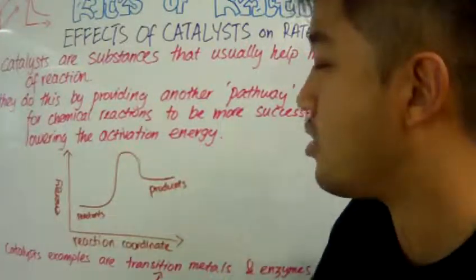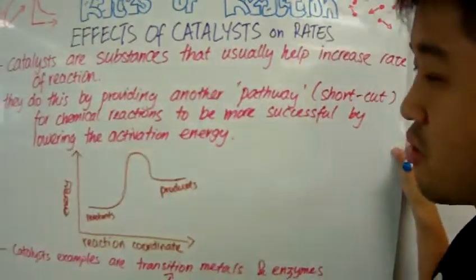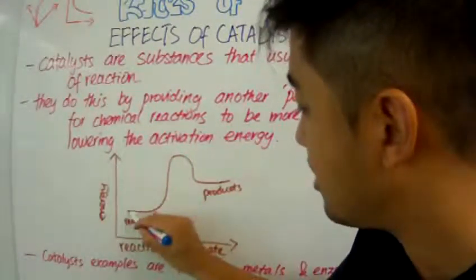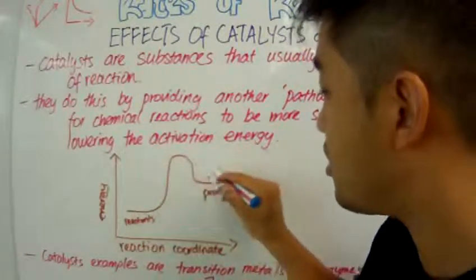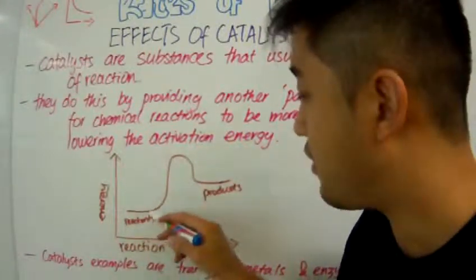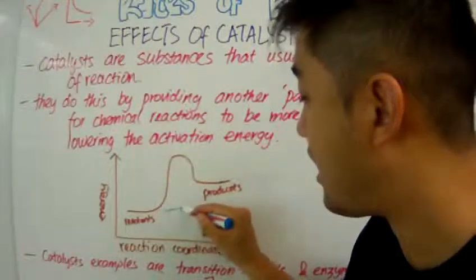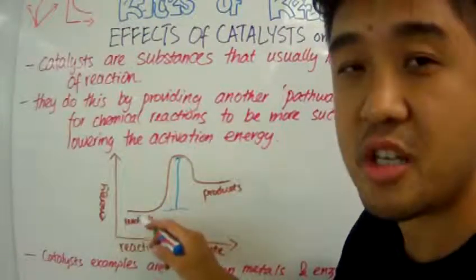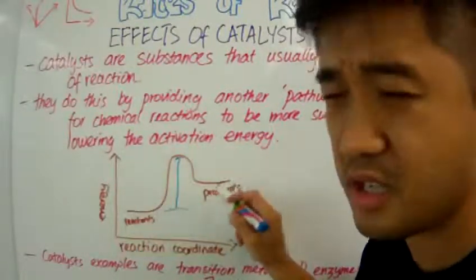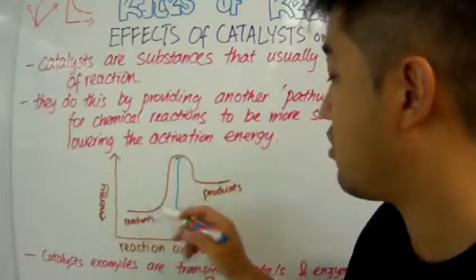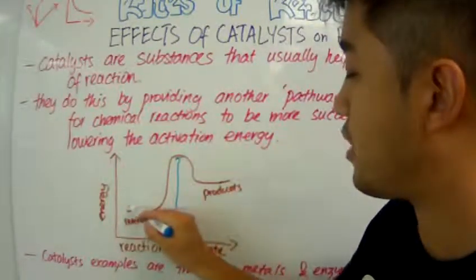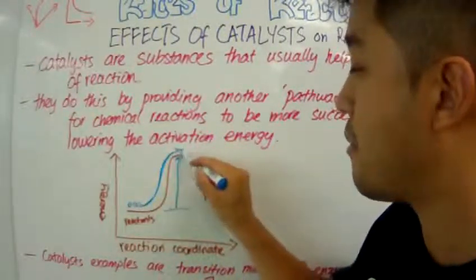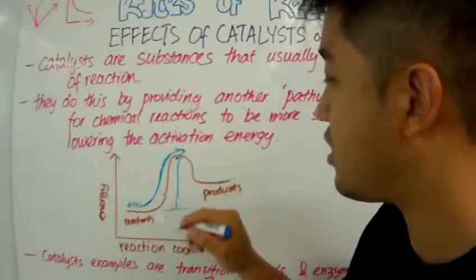And so, whatever they teach you in school is that they lower the activation energy. Right. So here you have an original energy profile of an endothermic reaction with a very high activation energy. So this activation energy is quite high. So here is the energy potential of the reactants, and here is the energy of the products. And in order for reactants to make products, you have to overcome this big bump, this big activation energy barrier.